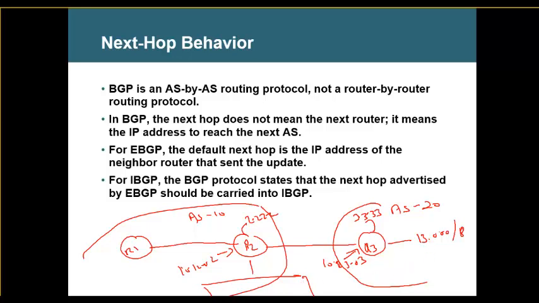Now when you see this 13 network, you will see the next hop address as the address of the neighbor. According to router 2, who is the neighbor? It's 3.3.3.3. This is the next hop, because router 2 forms a neighbor with the loopback address of router 3.